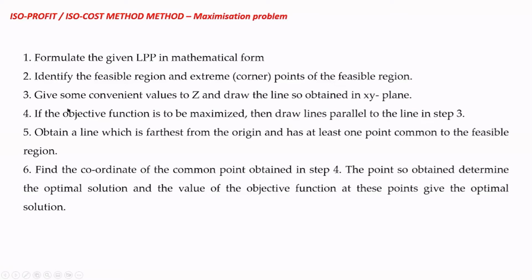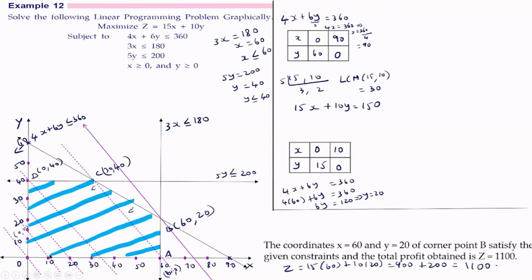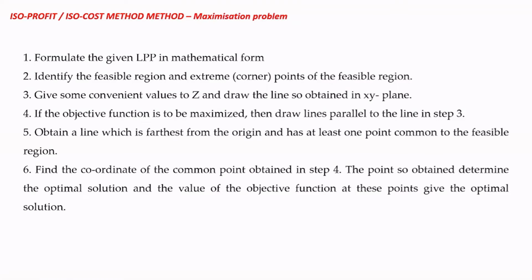The next step is to obtain a line which is farthest from the origin and has at least one point common to the feasible region.